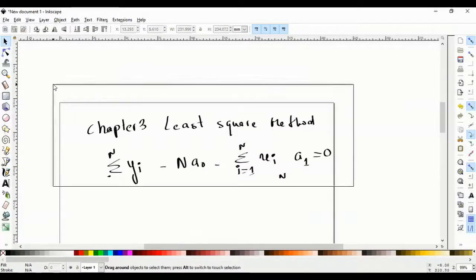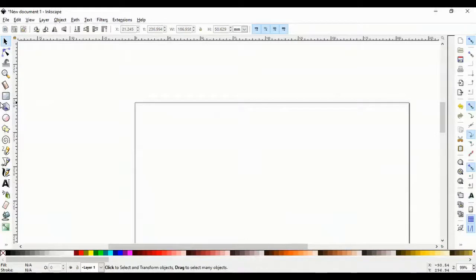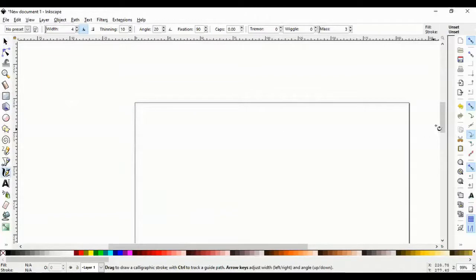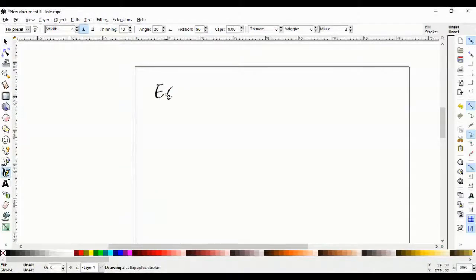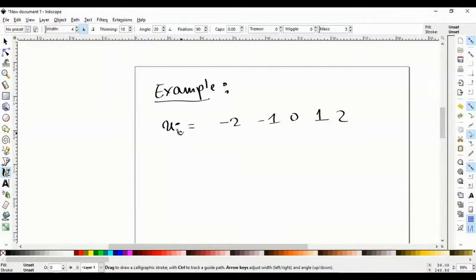Okay, so let's take now, for example, if I have xi equal to -2, -1, 0, 1, 2, and yi equal to 1, 2, 2, 3, 4.